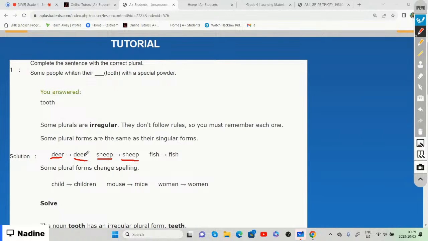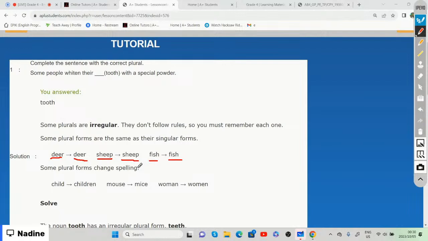So the singular word sheep as well as the plural word sheep stays the same. The same with fish. One fish, many fish. So the singular as well as the plural word stays the same.